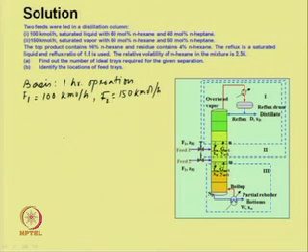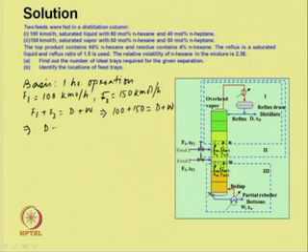If we do the total material balance, then F1 plus F2 would be D plus W, which we can write 100 plus 150 would be equal to D plus W. We can write D plus W would be equal to 250. Suppose this is equation 1.